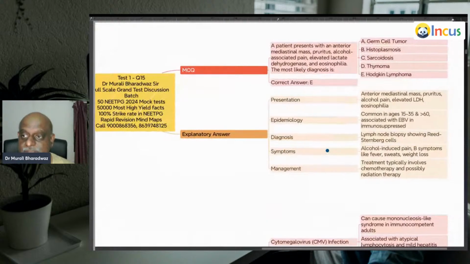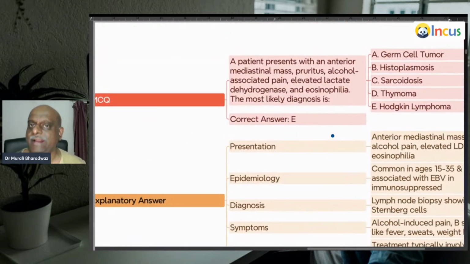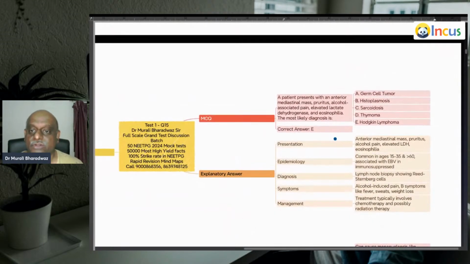Now, doctor, a patient with an anterior mediastinal mass, pruritus, alcohol-associated pain, elevated lactate dehydrogenase, and eosinophilia. What is your diagnosis? So tell me, doctor, what are the 4 T's you remember about anterior mediastinal mass?